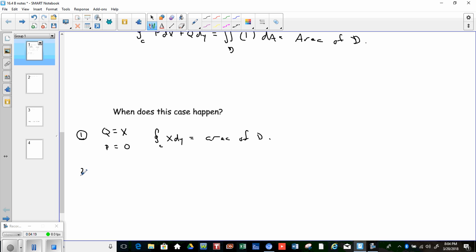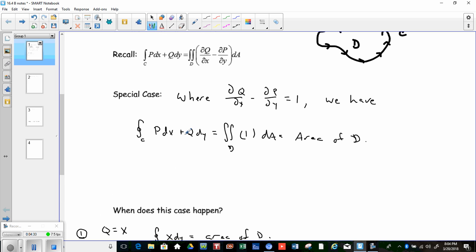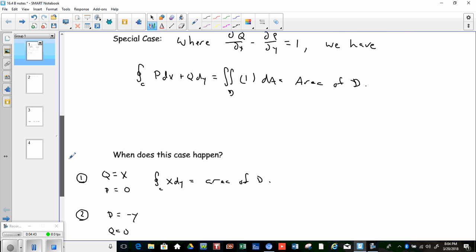Another case would be let's let P equal, now in this case it would have to be negative y, and Q would be 0. So again, if Q is 0, this part right here goes away, so there's no dy. This one right here would have to be negative y, because up in this formula, if I took the derivative of P with respect to y, that's negative 1.